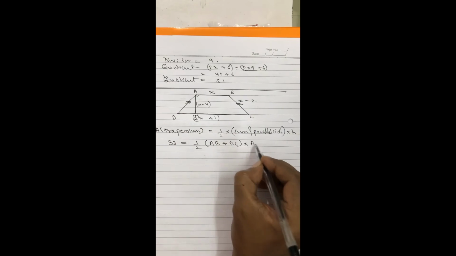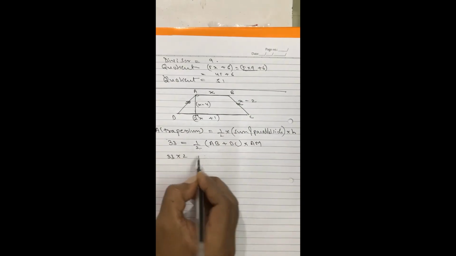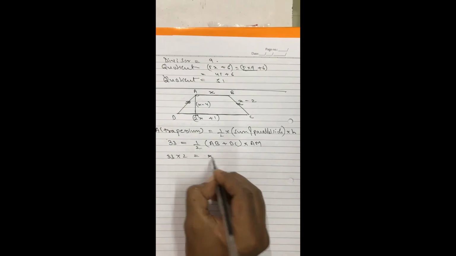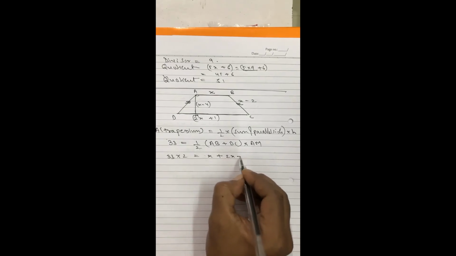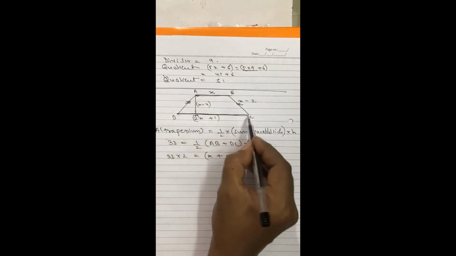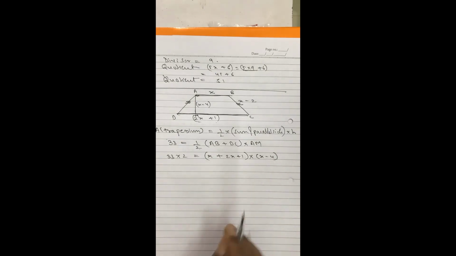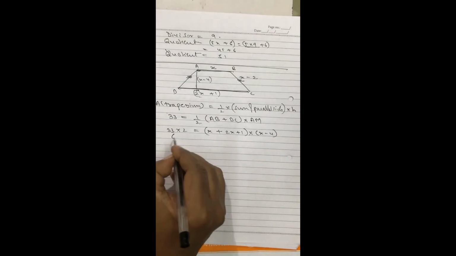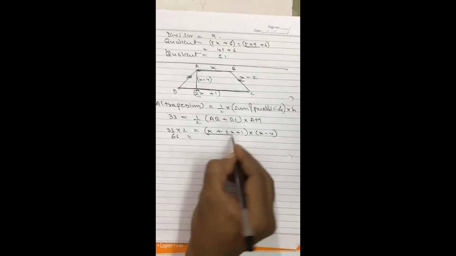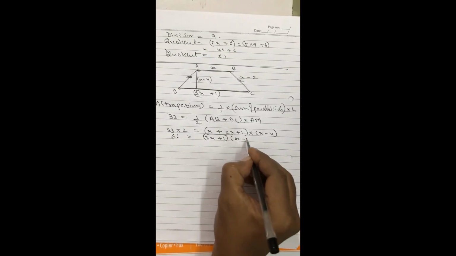This is labeled AM. So what you get, this 2 I shift over here. 33 into 2 is equal to AB plus DC, which will give me x plus 2x plus 1. Are you getting? AB is x, this is 2x plus 1, AM is x minus 4. So what do I get over here? 66 is equal to (3x plus 1)(x minus 4).